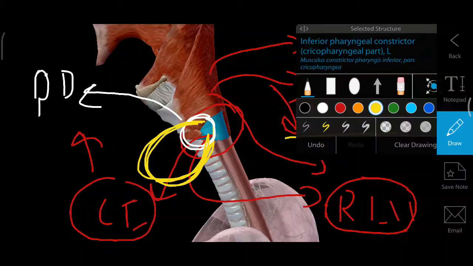This pouch will get bulged out through this space. So this pouch is called the pharyngeal pouch or Zenker's diverticulum, and this pouch will be quite evident in the radiological image. So this was the clinical.